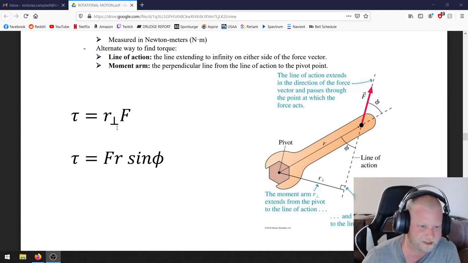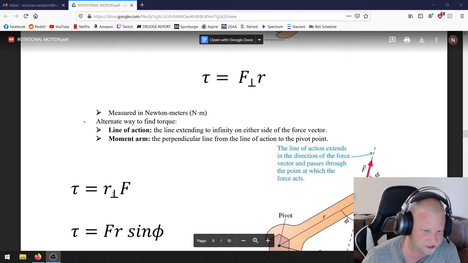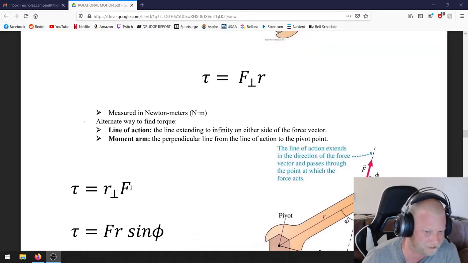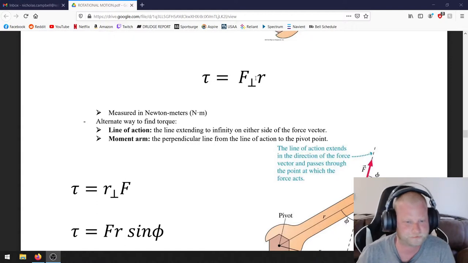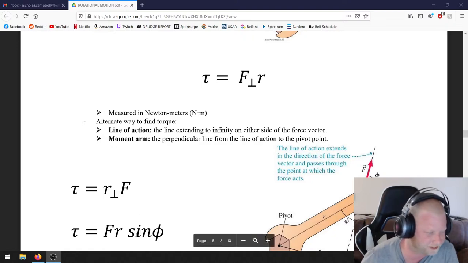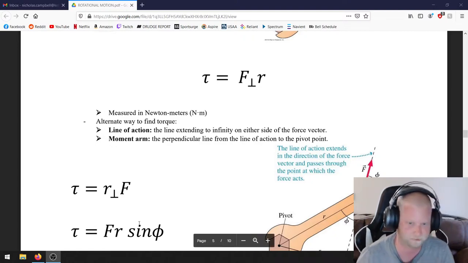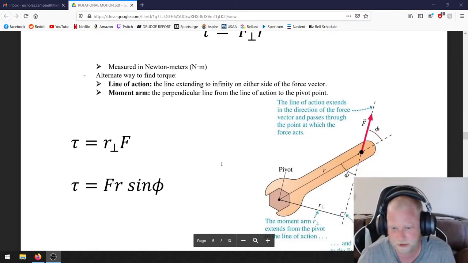So focus instead on these perpendicular relationships, either with the moment arm and the line of action, or the radial line and the perpendicular component of force to that radial line. Right? So make it easier on yourself and just do the extra legwork. Don't trust that it's going to be a sine function necessarily, because we're going to see in a few minutes a lot of these are actually going to end up being cosines. So there's that.